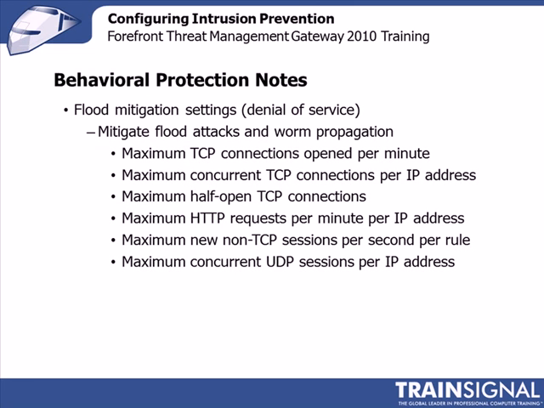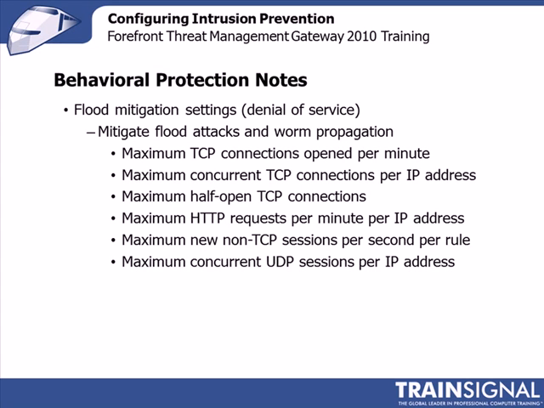So, what are some things you can do? The flood mitigation settings will help you understand how behavioral protection works. It's easy to understand how the network inspection system works because you have a signature and an action based on that signature. When you have things like behavioral protection, here are some of the settings you have at your disposal.